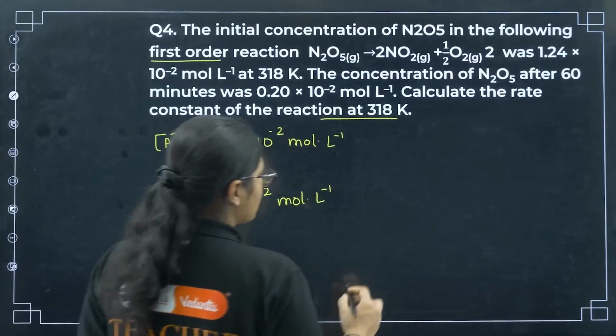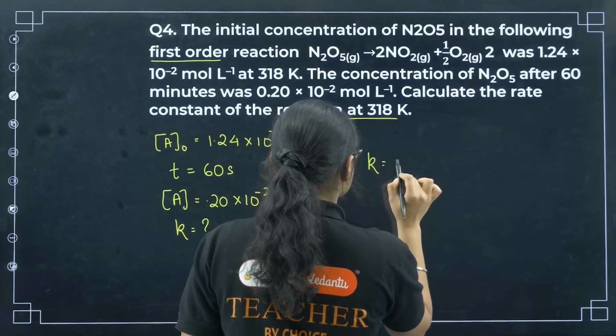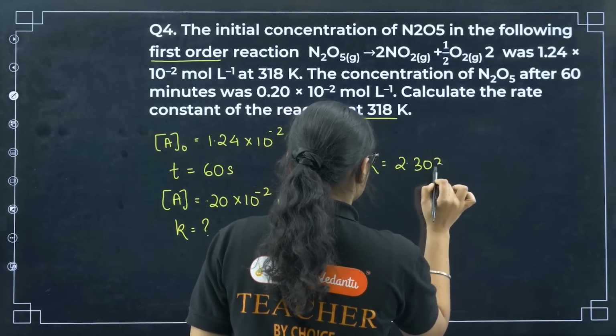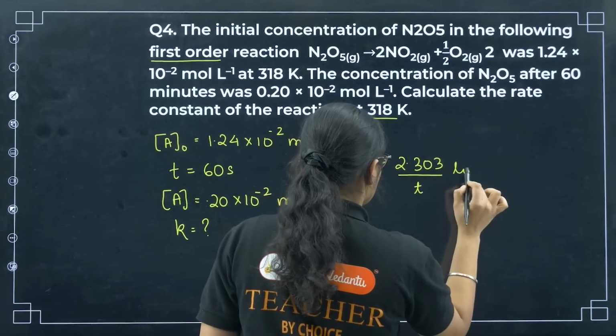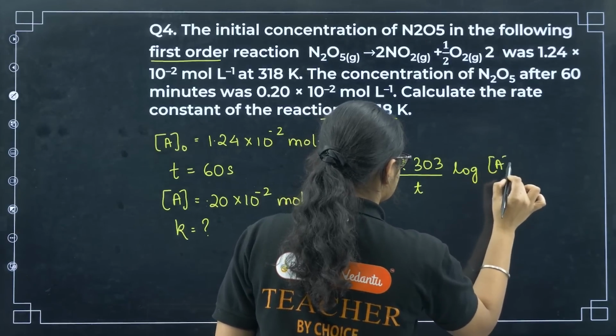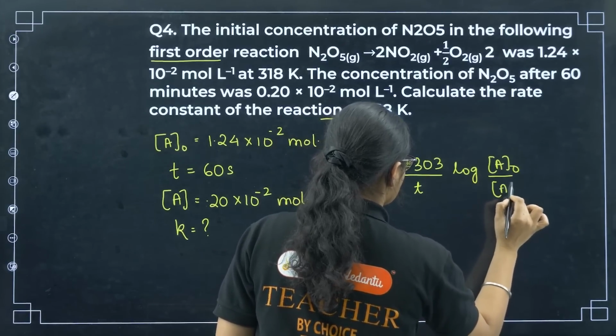Okay. So how can I calculate? K is equal to 2.303 by t log of initial concentration by final concentration.